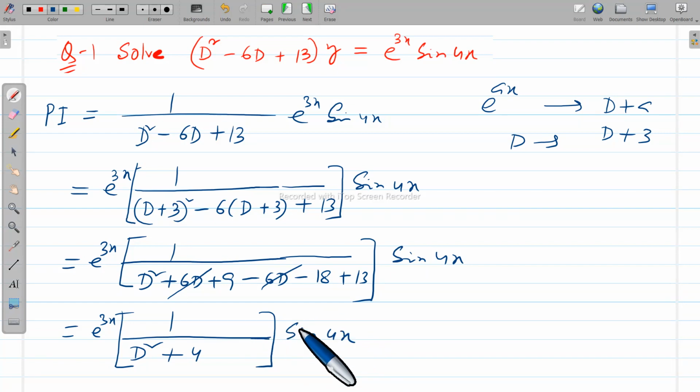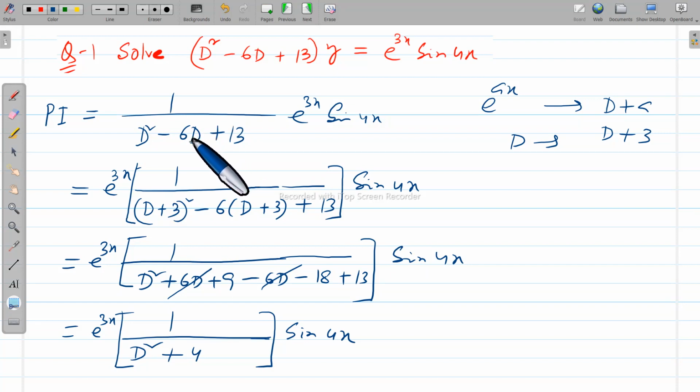So now your main task is to work on this sine 4x. Anyone, any doubt about this question? Clear? This process is applicable for exponential with sine cosine. If you have an exponential function along with some sine or cosine, first you transform your exponential function to the left side of the expression.